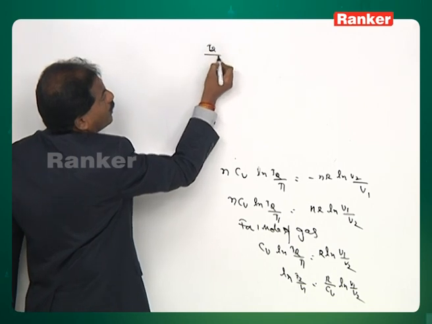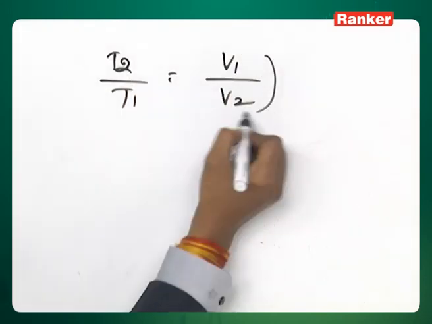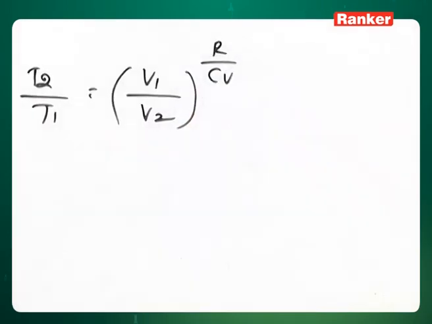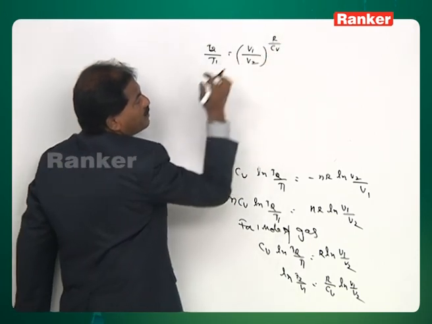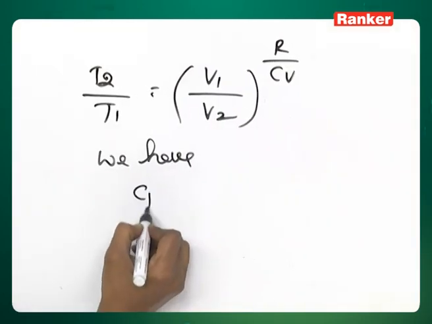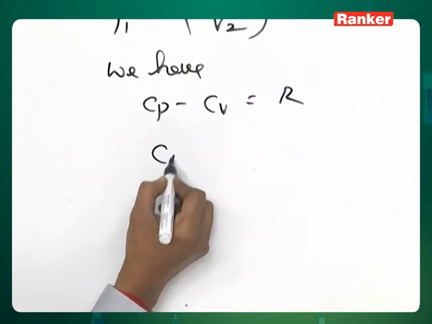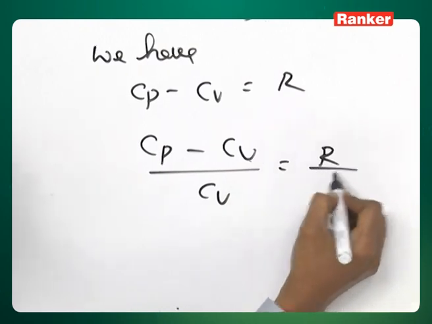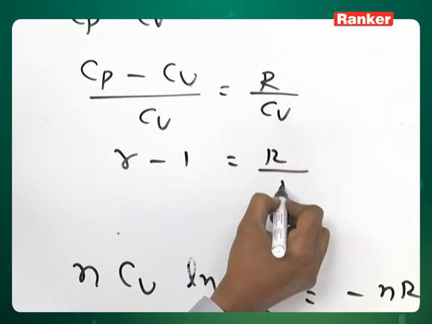Therefore, T2 by T1 is equal to V1 upon V2 to the power R upon Cv. This R upon Cv we can replace with another term. We have Cp minus Cv is equal to R. Therefore, Cp minus Cv upon Cv is equal to R upon Cv. Therefore, gamma minus 1 is equal to R upon Cv.